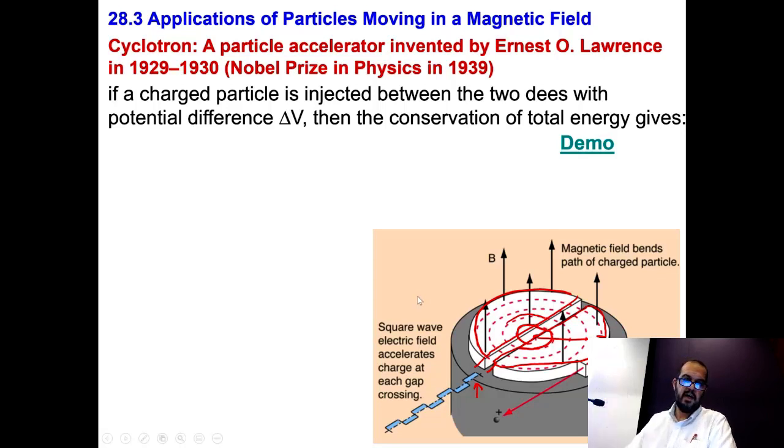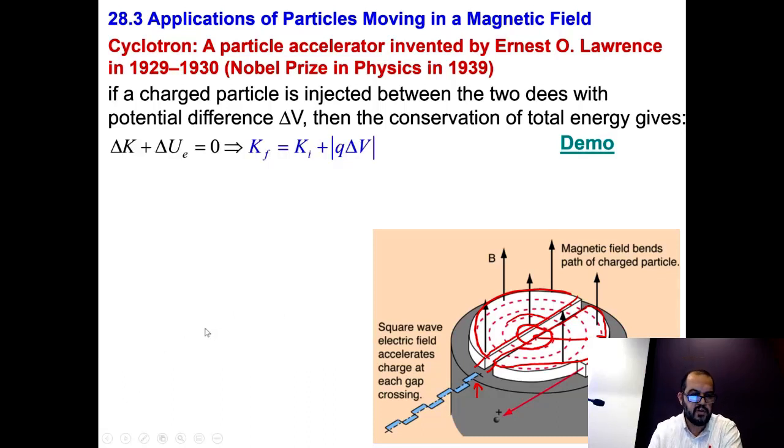Okay, so obviously by the principle of conservation of energy, if you want to determine the final kinetic energy, every time the particle passes between the two Ds, it has an increase in kinetic energy equal to Q delta V, because we have a potential delta V. So the first time it passes, you will have Q delta V. The second time it passes, you will have 2 Q delta V. The third time, you have 3 Q delta V. So it keeps going.